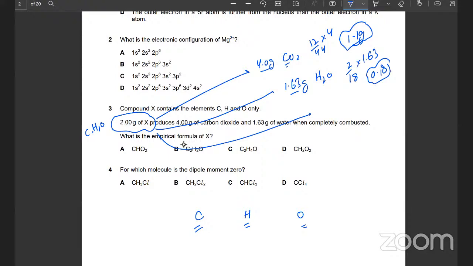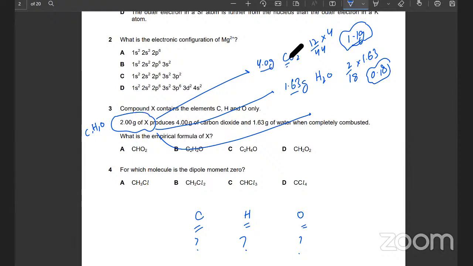Now, you need the mass of this, the mass of this, the mass of this. What he said was that when you burn this thing, it produces 4 grams of carbon dioxide. So where is all the carbon coming from? It's coming from X, right? So I'm going to try and figure out the mass of carbon in 4 grams of carbon dioxide, because all that carbon is coming from X.